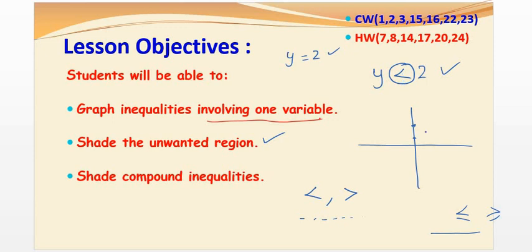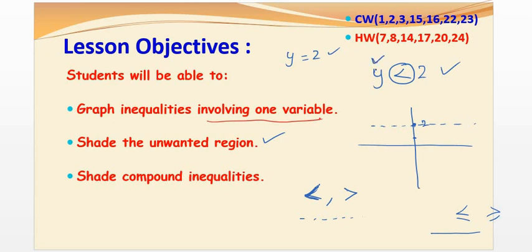Now this point is 2, so I have to draw a line over here. It's going to be a dotted line because, as I told you, whenever it is a less than or greater than case, it is a dotted line. Now how do I know whether it is a horizontal or a vertical line?